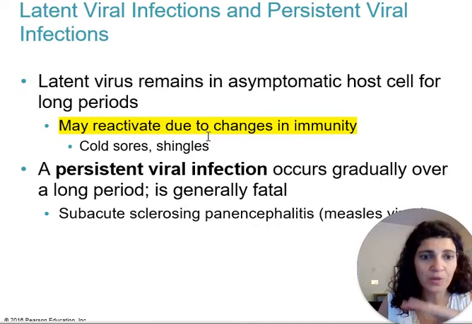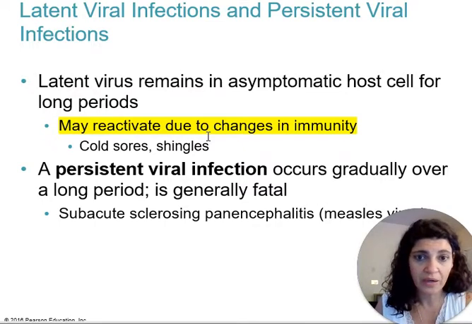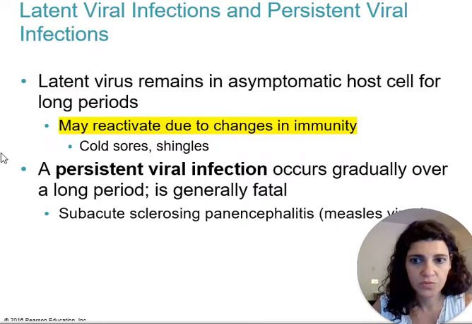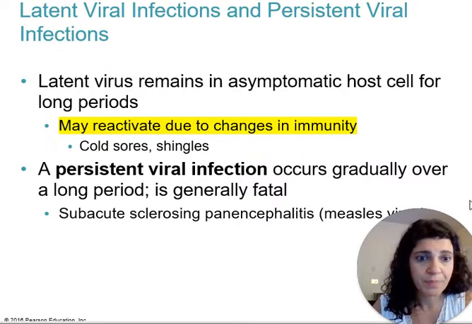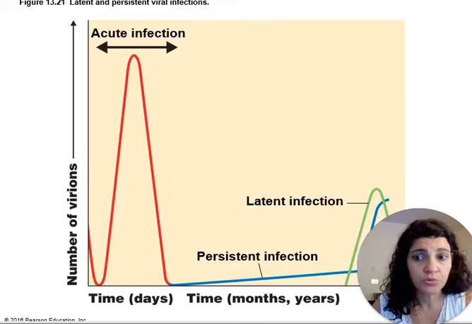A very good example is cold sores caused by herpes virus and shingles caused by the chickenpox virus. A persistent viral infection, the main example here could be measles, that could persist during a long period of time and cause symptoms during the whole period, or another good example is HIV.